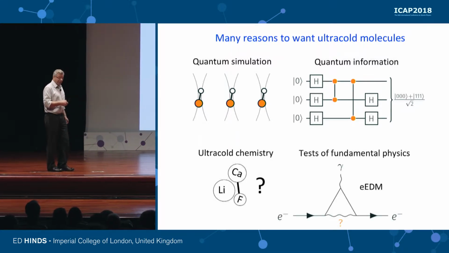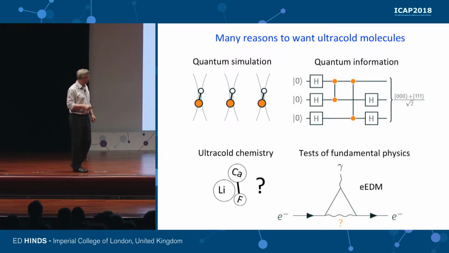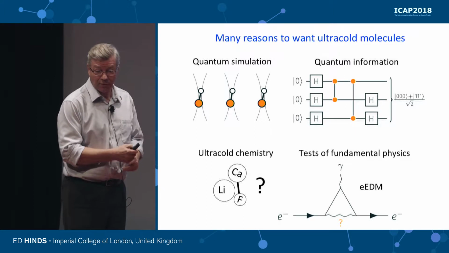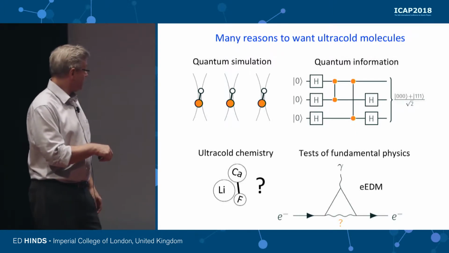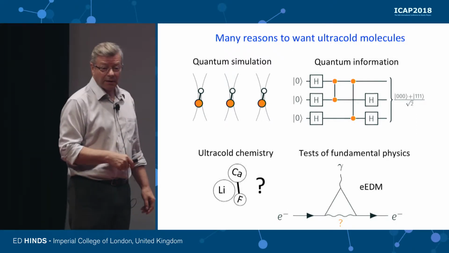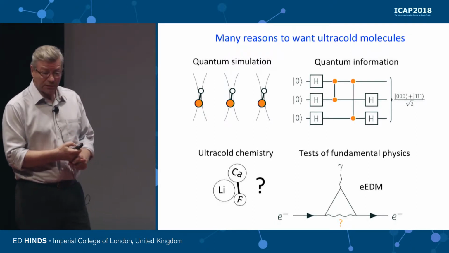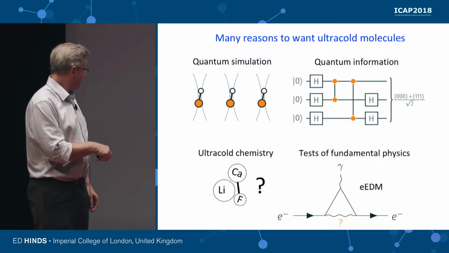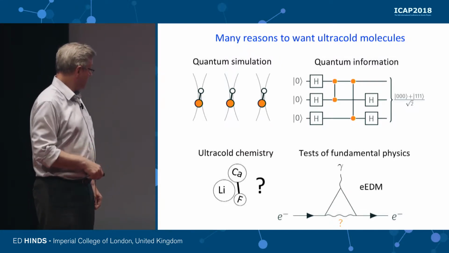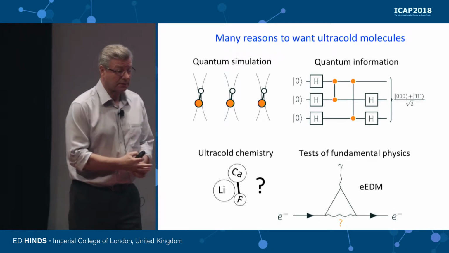And finally, something very close to my own heart is if you have ultracold molecules, you can do very precise measurements of the molecule. And here I show you a Feynman diagram which is intended to indicate how the electron may acquire an electric dipole moment by the emission and absorption of a virtual particle here, which has the property that it violates CP symmetry.